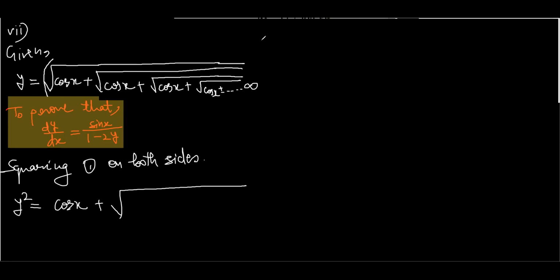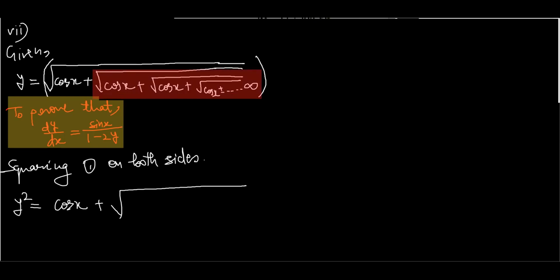Now when I square on both sides, this outermost square root will be removed, so I'll get cos x. And then I'm left with the square roots starting from here.